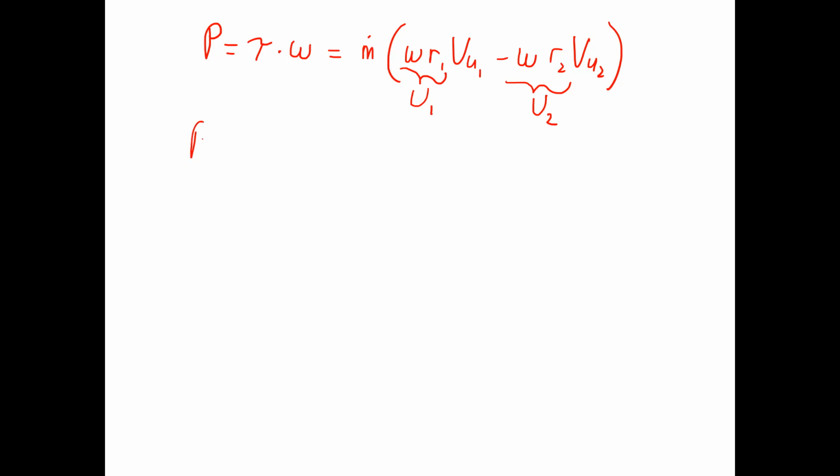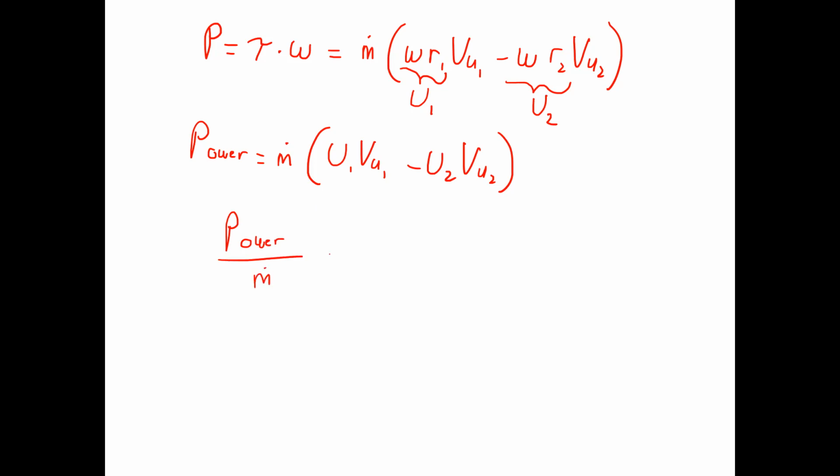So then what we get is a correlation for power as mass flow rate multiplied by an equation that is a function of the product of the tangential velocity of the rotor times the tangential velocity of the fluid entering, minus the same thing leaving. And if I take the power and divide it by the mass flow rate, you get what's called the head.